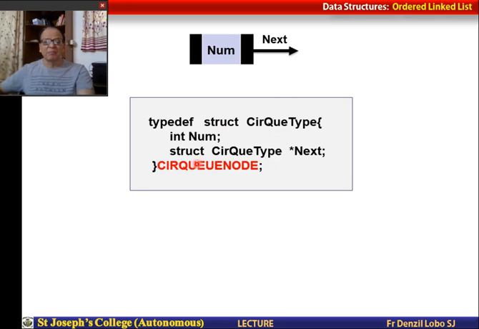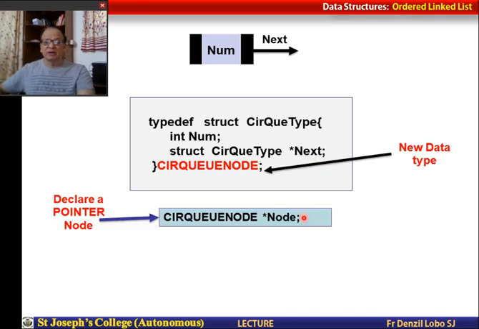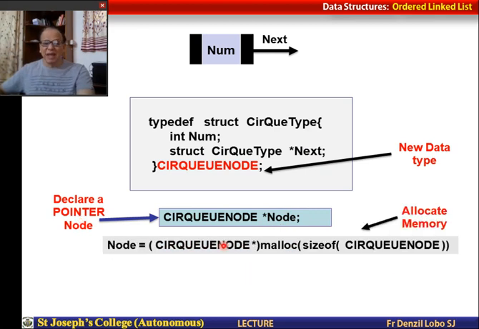Again it contains number, and here you have the pointer to the next, which will store the address of the next node. And this is the new data type. Now we create a pointer variable, circular queue node star node. This node is going to be a pointer variable, and this is how we allocate memory.